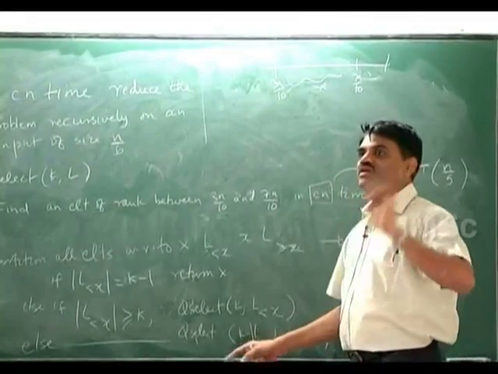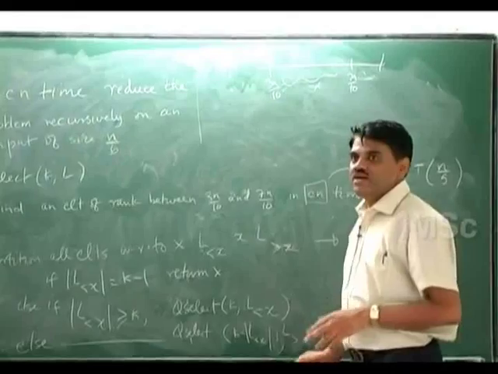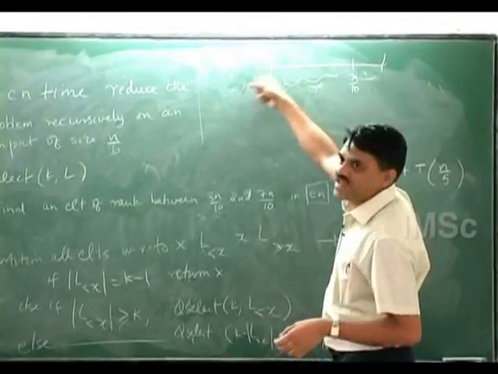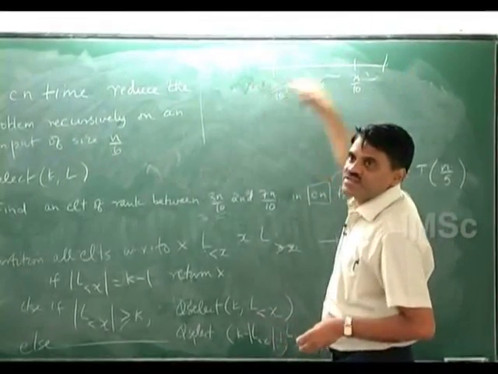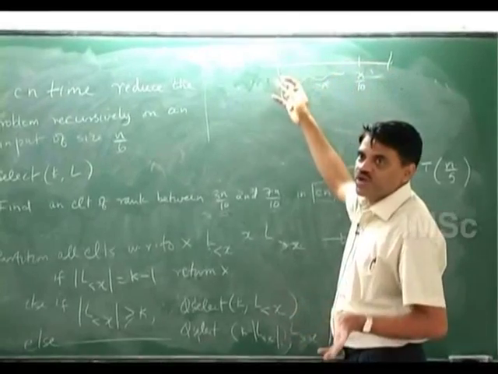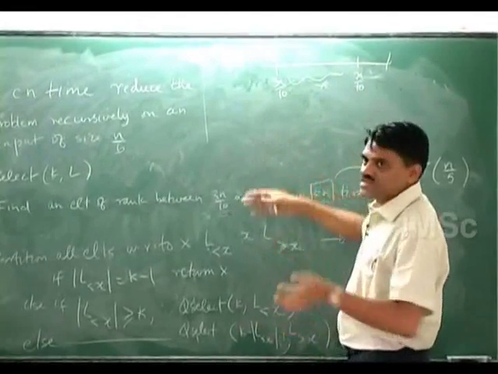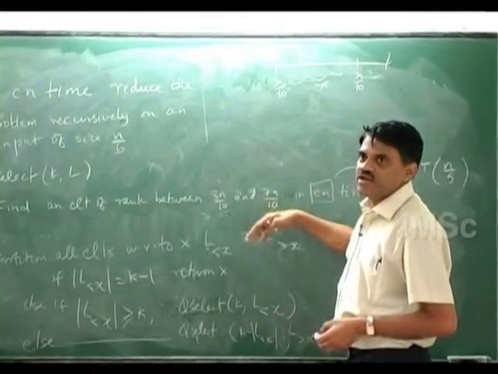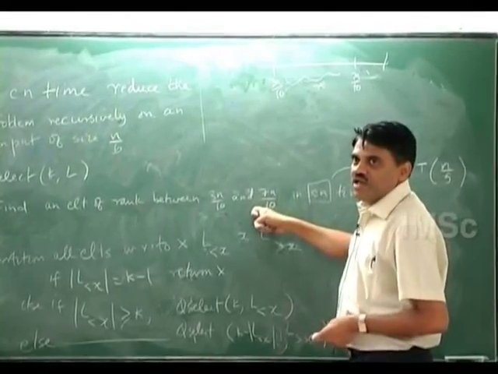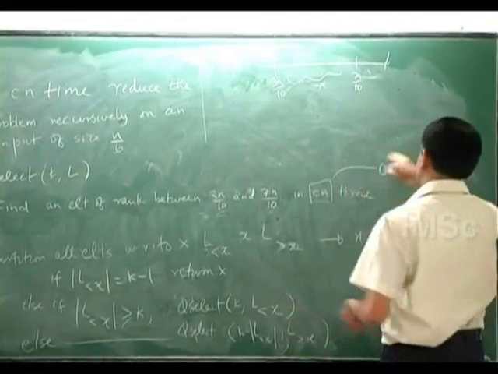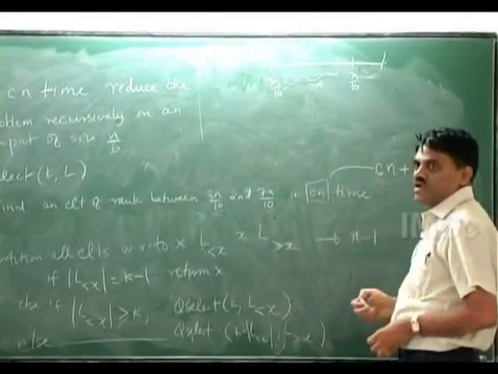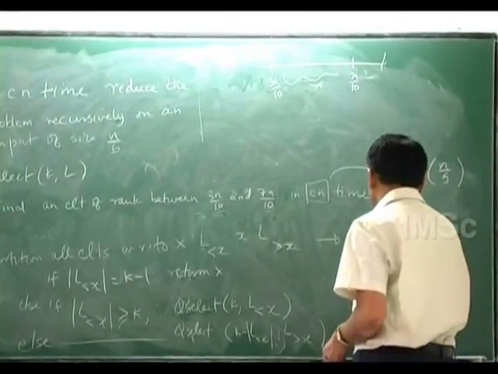Who said 7 by 10? Yeah, okay. Is it clear? Because I end up throwing at least 3n by 10, whether I recurse here or recurse here. If I manage to find such an element, I have to explain how you do that. If I manage to find such an element, not just in Cn, suppose I also spend a little bit more time, then what will be the running time?